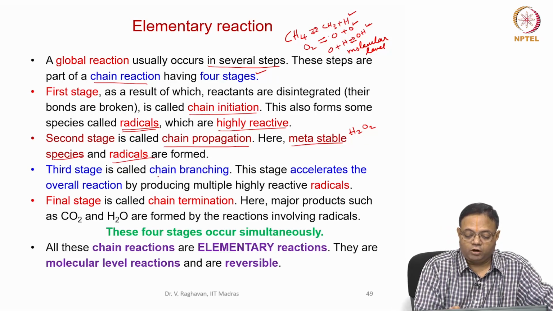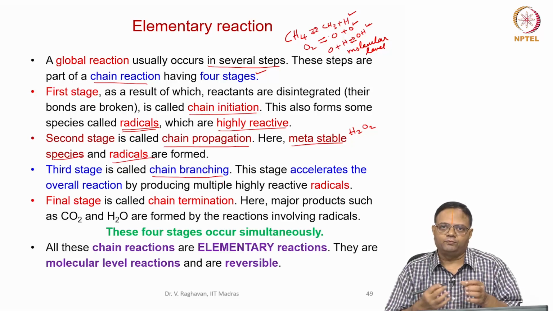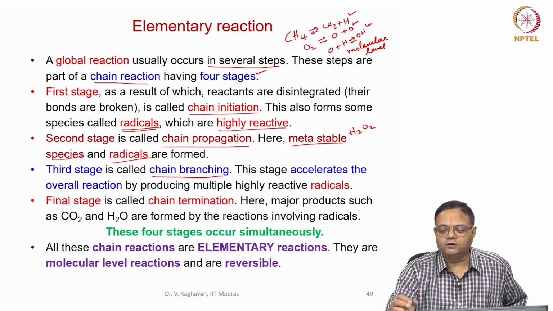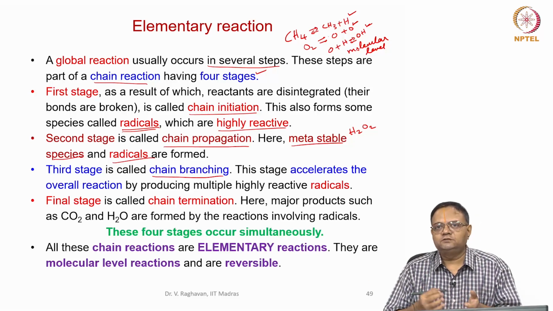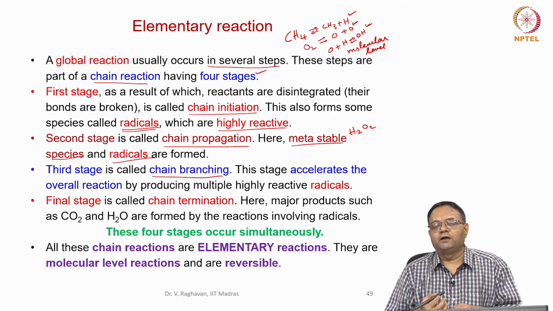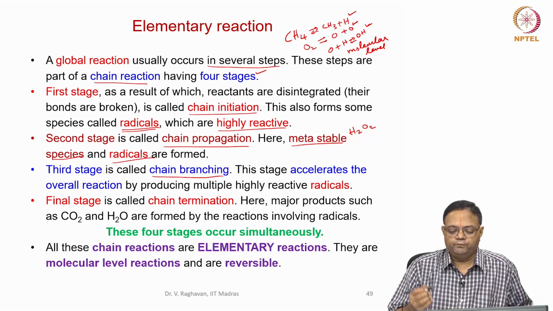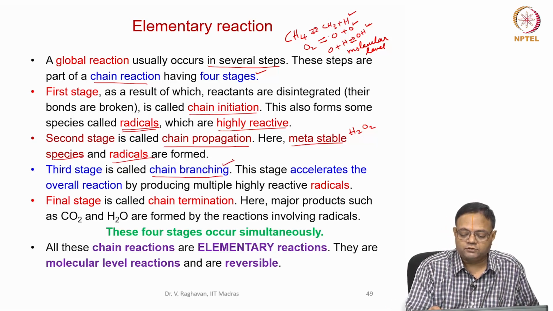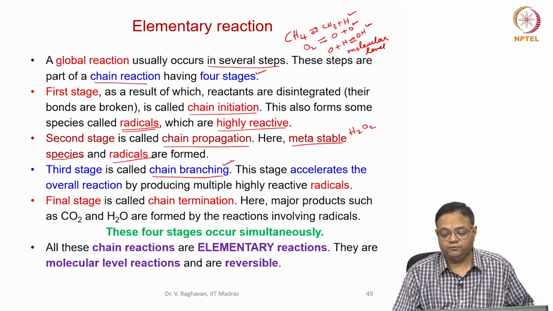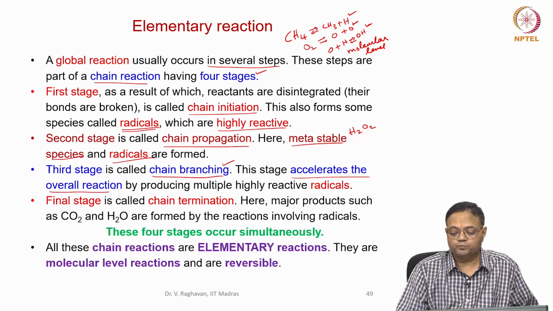The third stage is called chain branching. The reaction has to accelerate. So once some amount of radicals are built, then the radicals are also consumed. This production and consumption of radicals will also cause more radicals to form. If the radicals are formed at a faster rate, then those reactions are called chain branching reactions, in which the overall reaction rate accelerates.